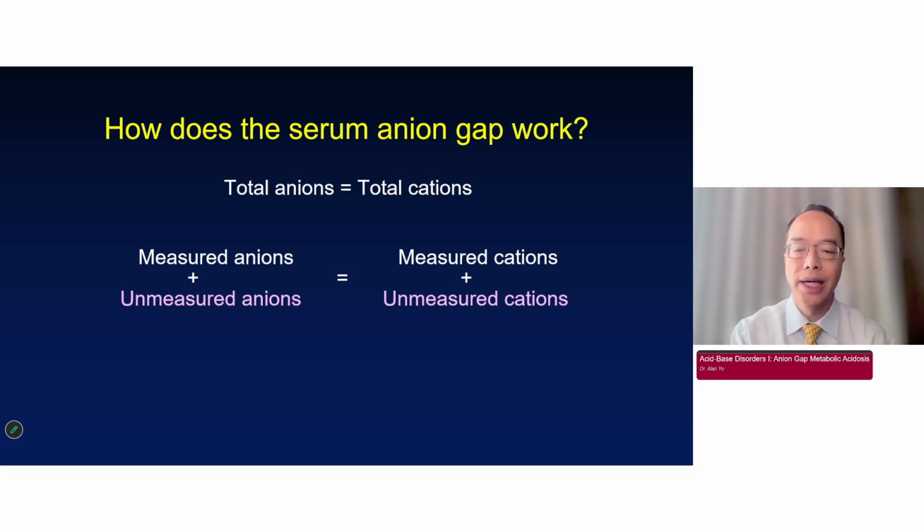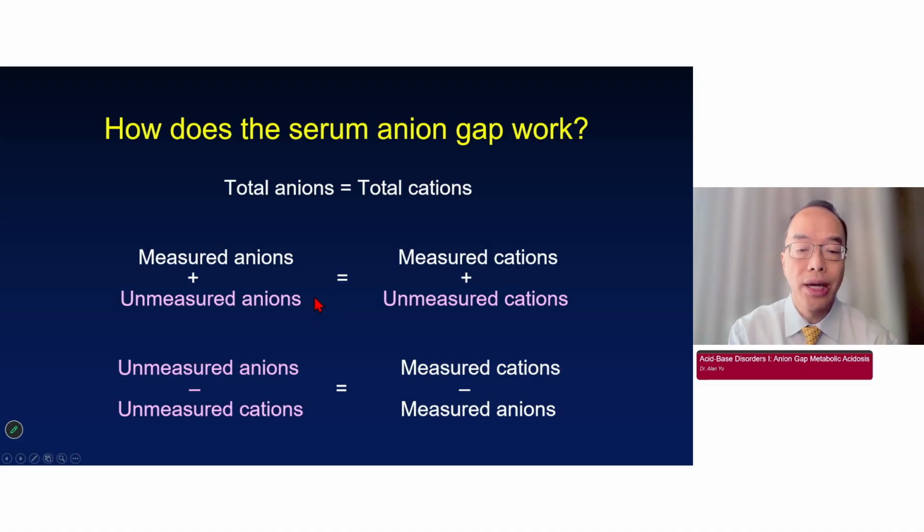And the same for the cations, and their sums have to be equal. If we now rearrange this equation, you can see that the measured cations minus the measured anions equals the unmeasured anions minus the unmeasured cations. So these are what we're calculating in our anion gap.